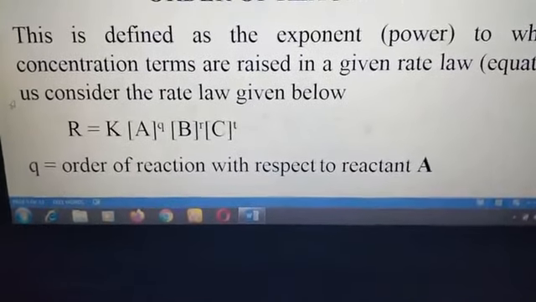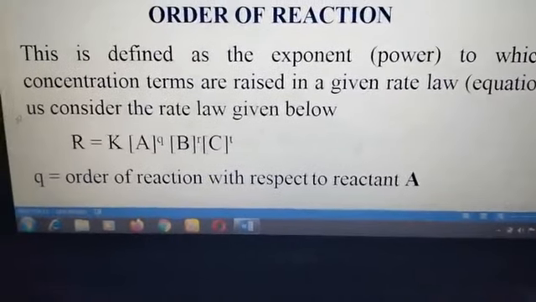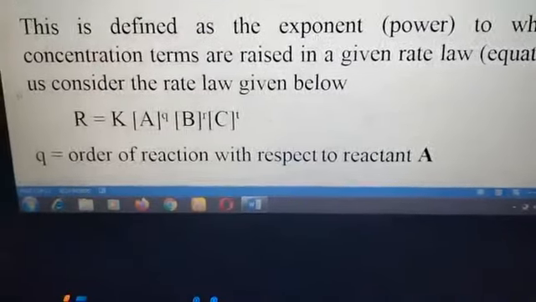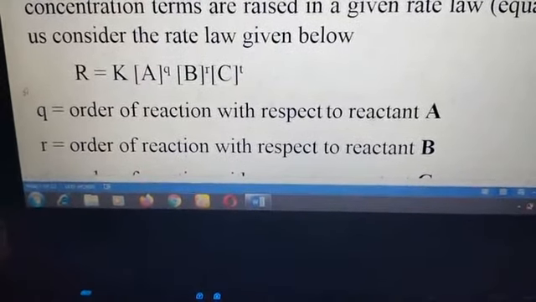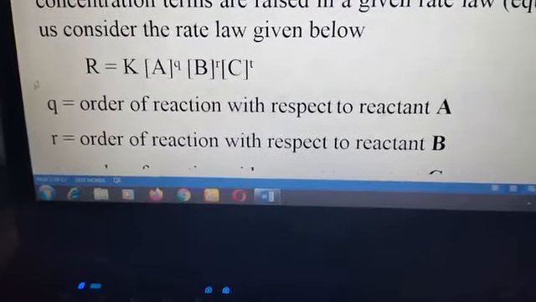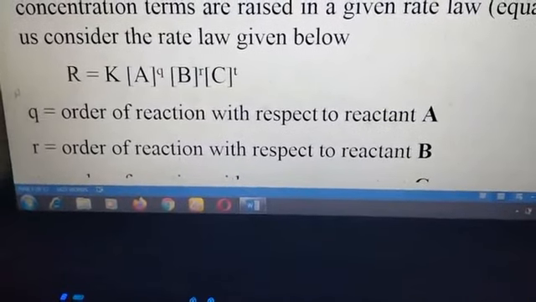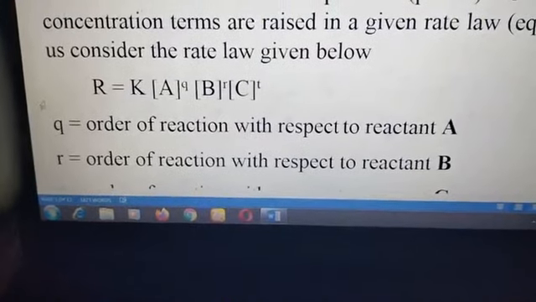The order of reaction is the exponent or power to which the concentration terms are raised in a given rate law. So let's look at this example. R equals K, then A raised to the power Q, B raised to the power R, and C raised to the power T. So this is a rate equation or experimental rate equation.